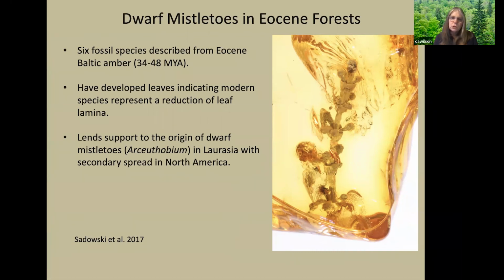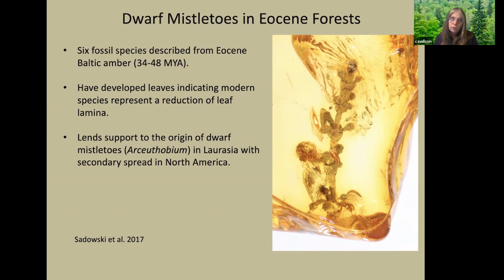And this study also lends support to the fact that actually dwarf mistletoes, although they don't occur in Asia or Europe at this time, well, they do occur in Asia, but they're not very common. There are only a few species outside of the New World.